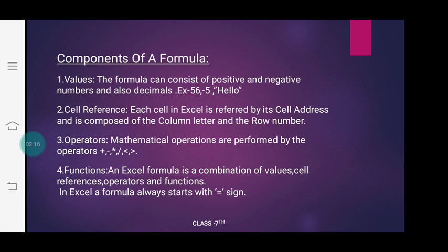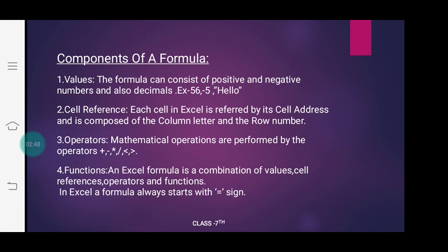Now what is a string of characters? A string of characters is nothing but alphabets like hello, good morning. Suppose your name, like Aditya. And positive number, negative number means what? Any number like 56, minus 12, decimal number 4.5, like this. These are the values.